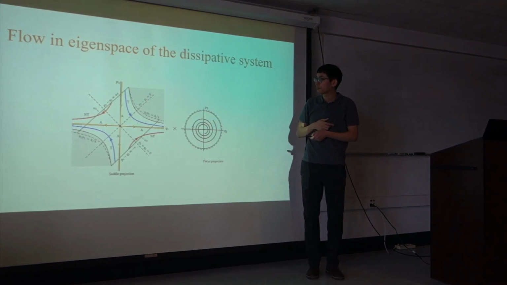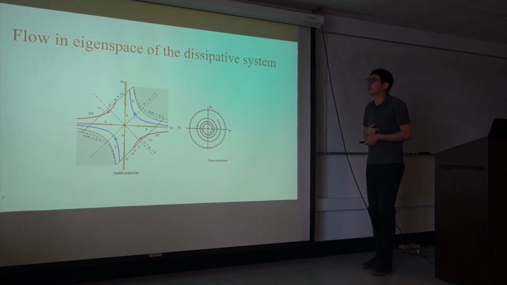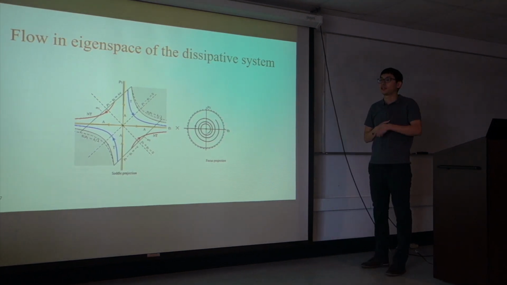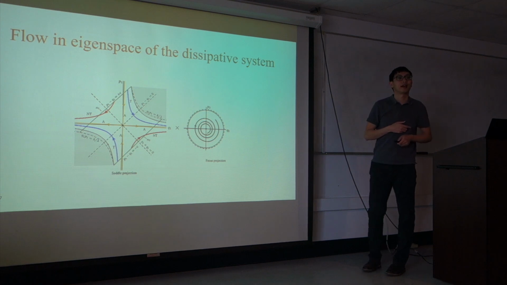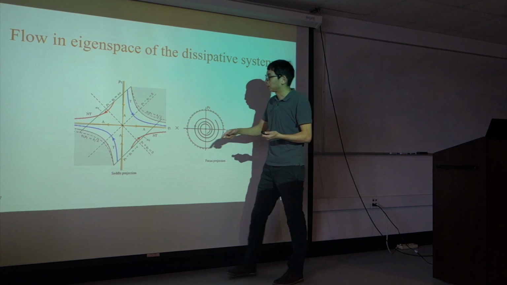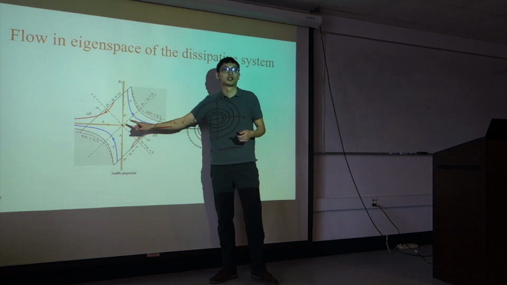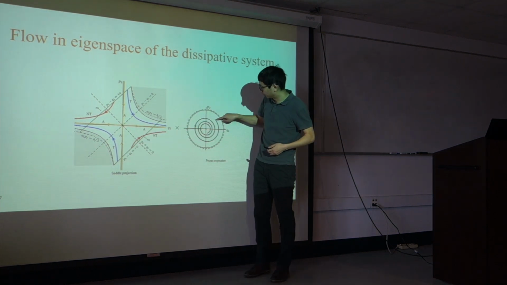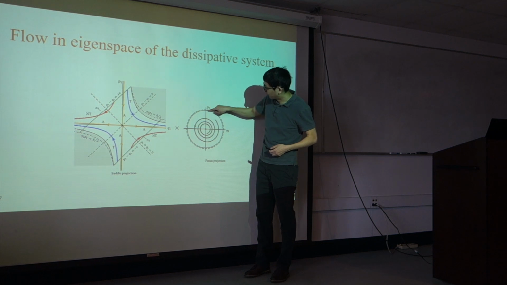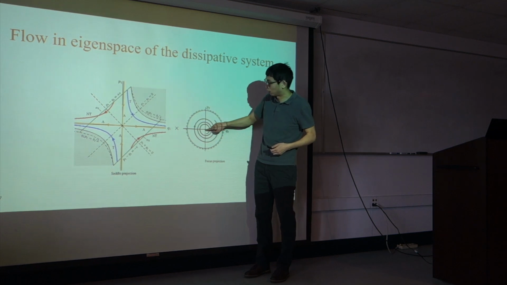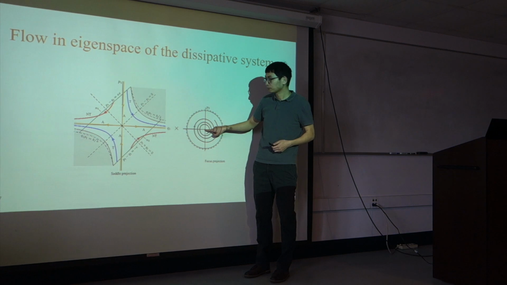Then this is the flow in eigenspace of the dissipative system. Here, because we consider the energy dissipation, we don't have a periodic orbit. So here the origin becomes the focus type asymptotic orbit, and it starts from the boundary and then gradually approaches the origin in the focus projection.